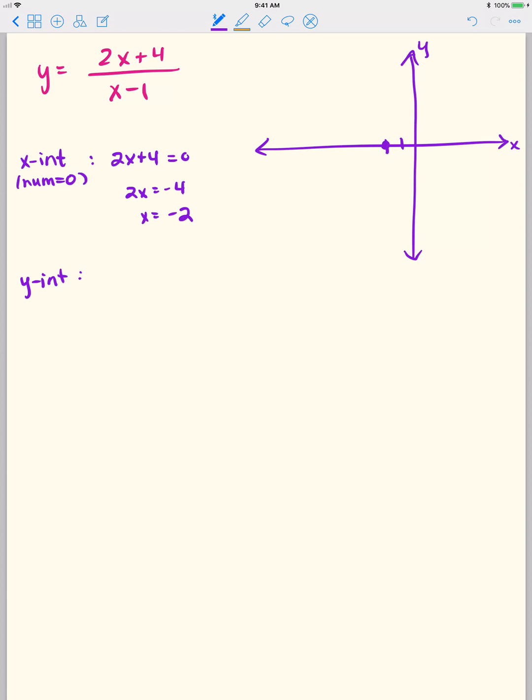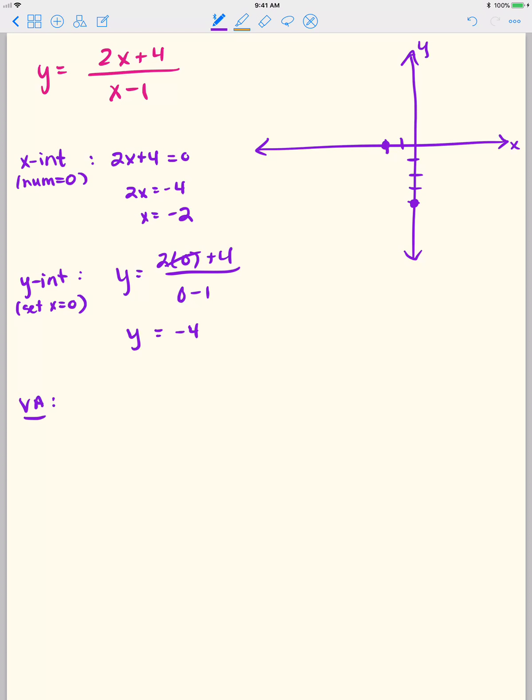All right, y-intercept. Y-intercept is where we're going to set all the x values equal to 0. So if I do that, 2 times 0 plus 4, over 0 minus 1, I get 4 over -1, so -4. So at -4, we have a y-intercept. All right.